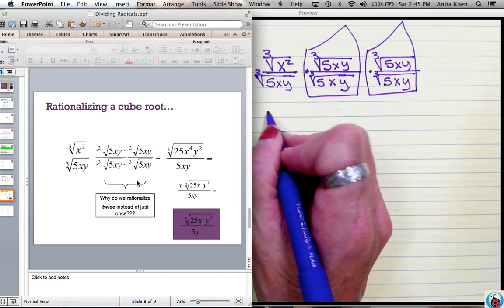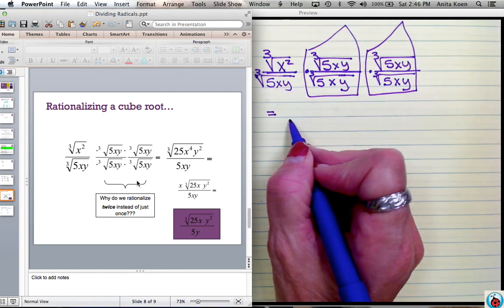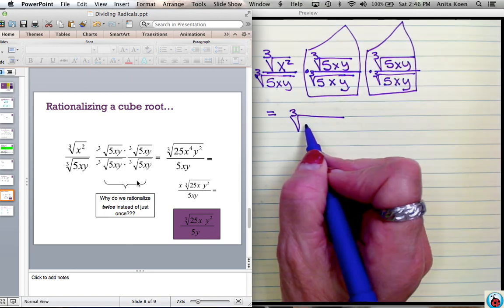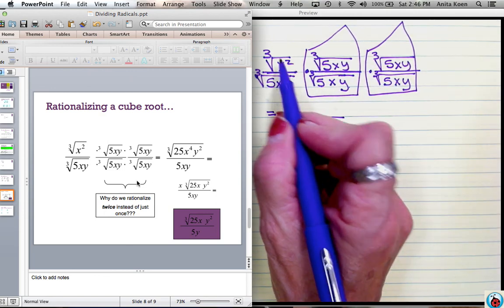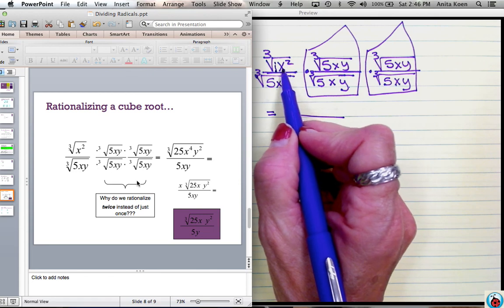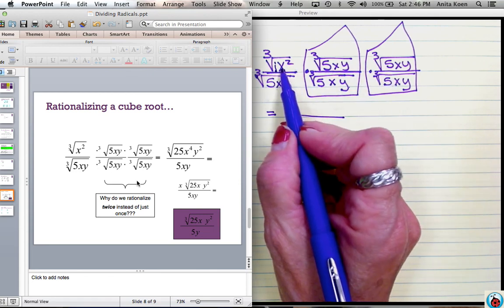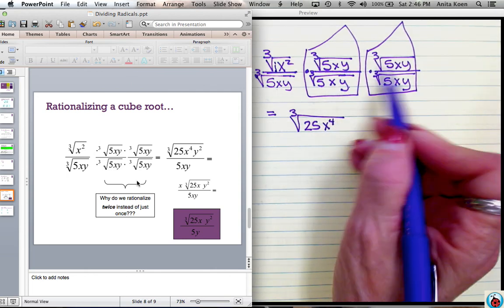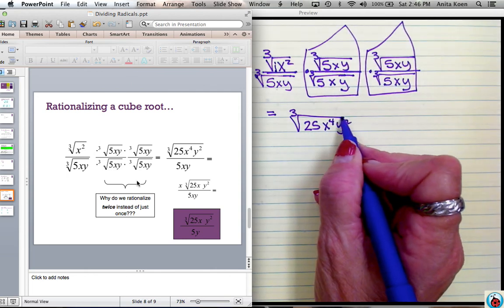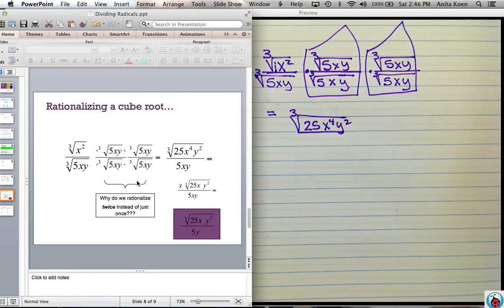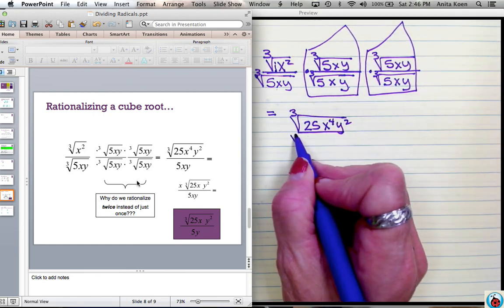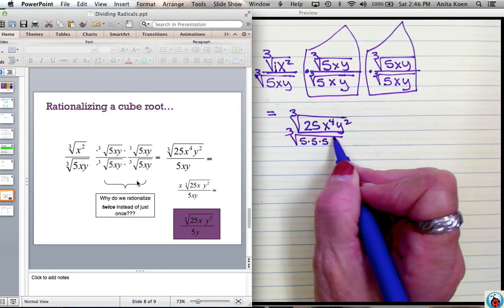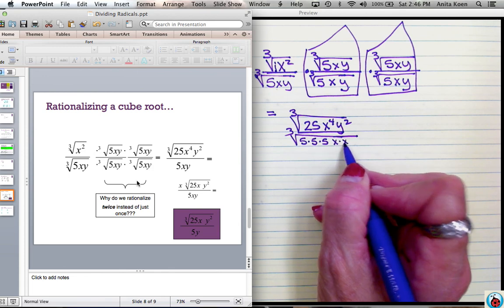So what does this give me? Well, on the top, I've got the cube root of 5 times 5, which is 25, x squared, and you understand there's a 1 here. So 1 times 5 times 5. X squared times x is x to the 4th. And y times y is y squared. So there's my top. And on the bottom, I have the cube root of 5 times 5 times 5. So there's a group of 3 5s. X times x times x.